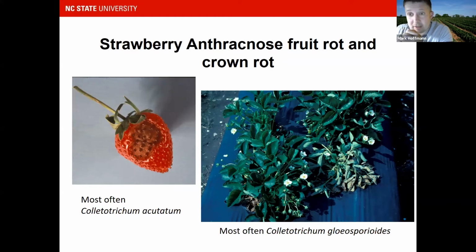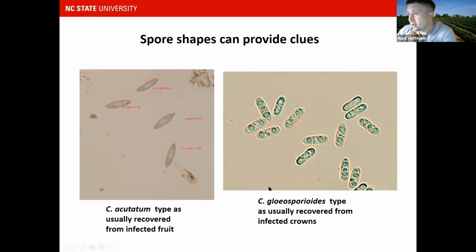Now gloeosporioides can also cause symptoms like you see with acutatum, but most often you would see collapsing plants with gloeosporioides, and you would see, later in the season, dark spots on the plants with acutatum. So from a diagnostic side, what we usually do is we look at spores.